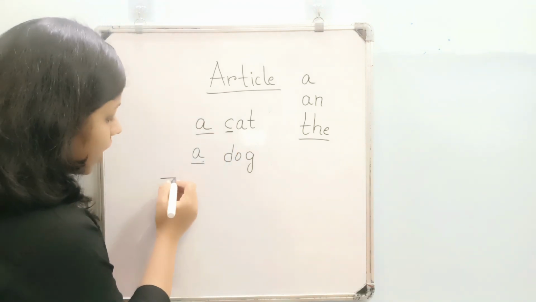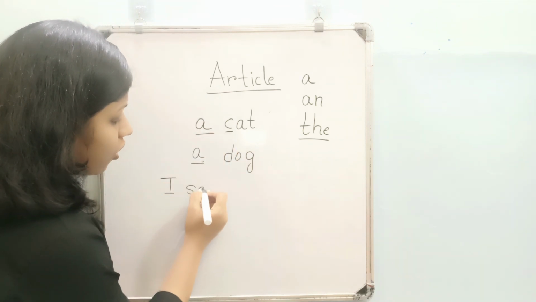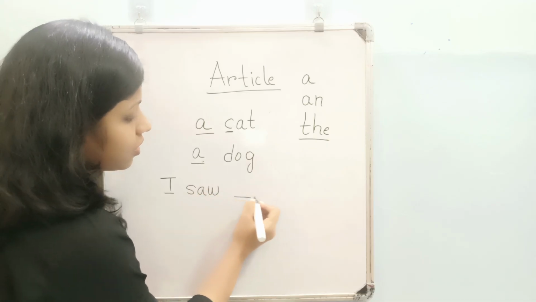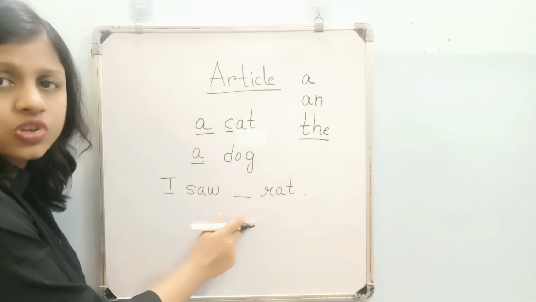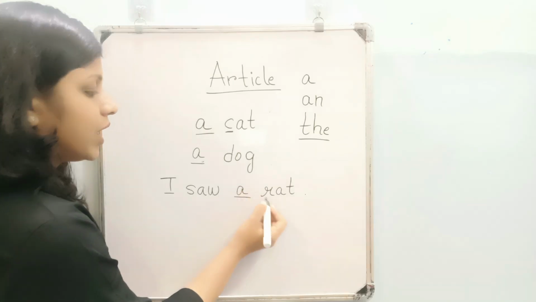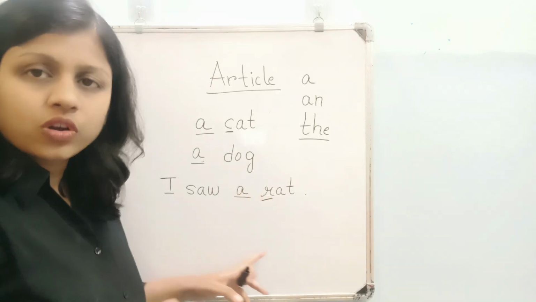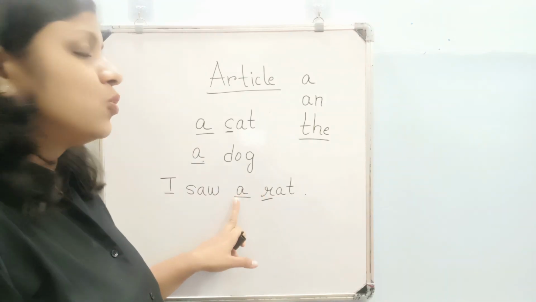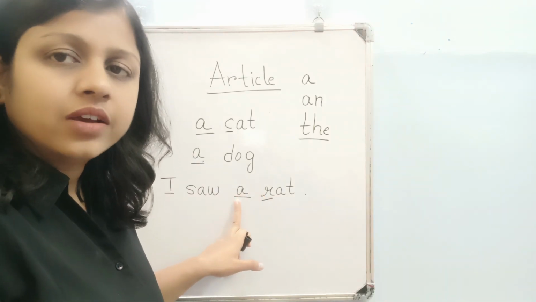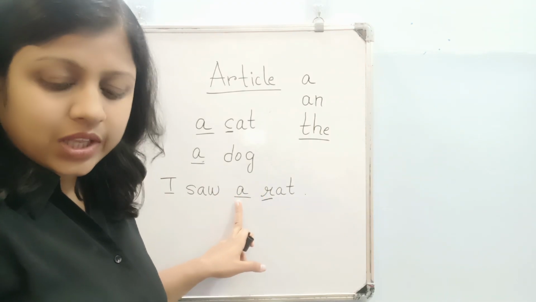Like I saw a rat. Here R is a consonant. If a word is starting with a consonant, we use article a. Okay children? Very easy.